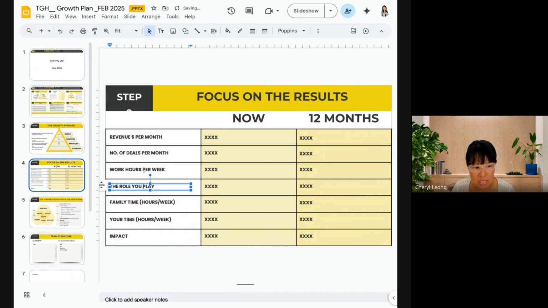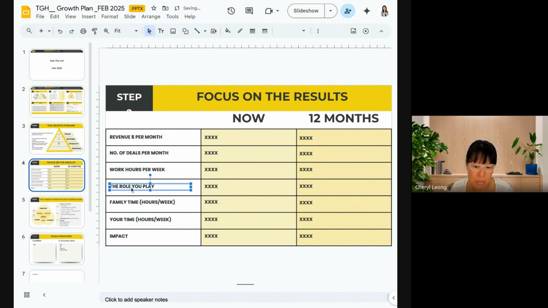And you can see here, we talk about revenue, deals per month. Sometimes people want to do deals, sometimes people want to do projects. Often people also want to focus on profitability. So we put in what these values are in this table. There are a lot of people that are working incredible hours, and we want to be able to say, do you want to keep that pace for the next 12 months?